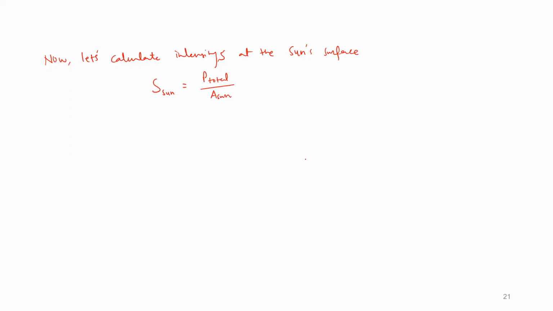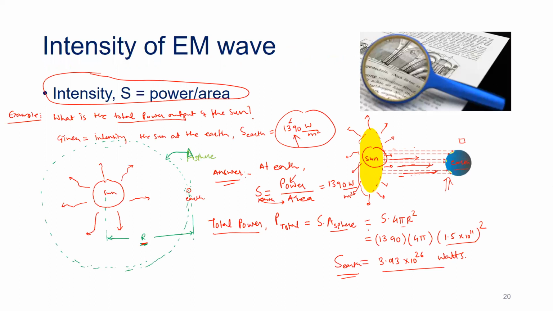In the previous case, it was the intensity at the earth, S earth, given by total power divided by the area of the earth.